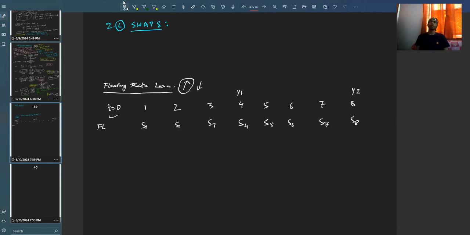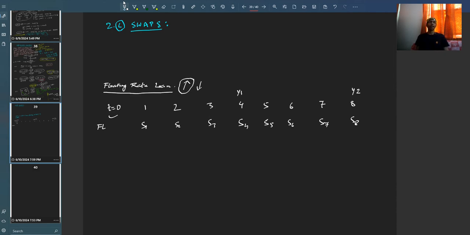These are your variable payments or floating payments. That is, they depend on the rise and fall of interest rates. Now, as we said, you think that the interest rates are going to rise. This means your payments are going to go up, so you do not want to keep that risk on your account.